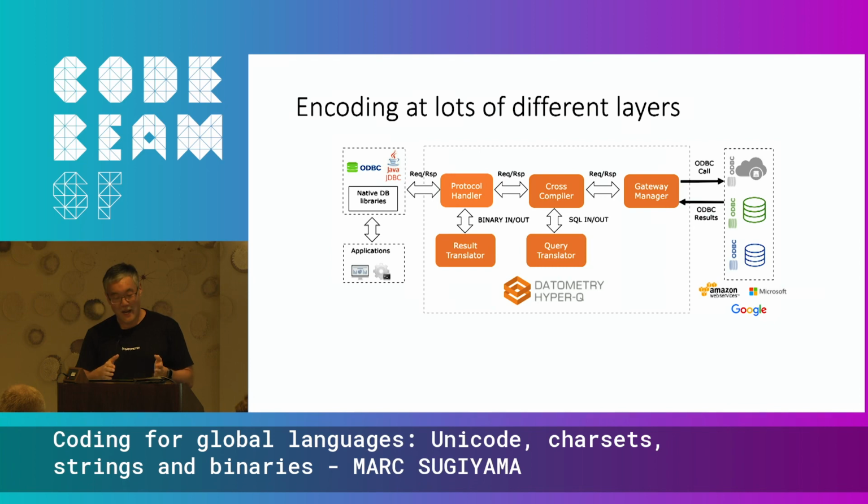And then on the back-end side, the ODBC driver that we are using to talk to the target database, whether it's Azure or BigQuery or Redshift, could also be doing its own encoding of some sort. Because, what encoding is it expecting when you call it? What is it then telling the database that you've given it?